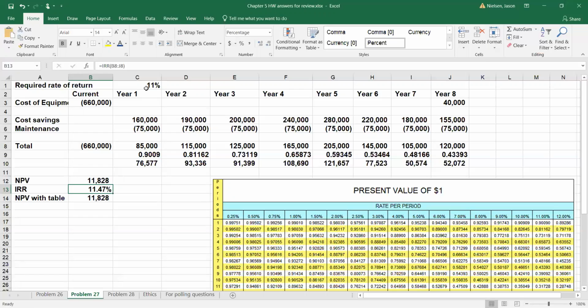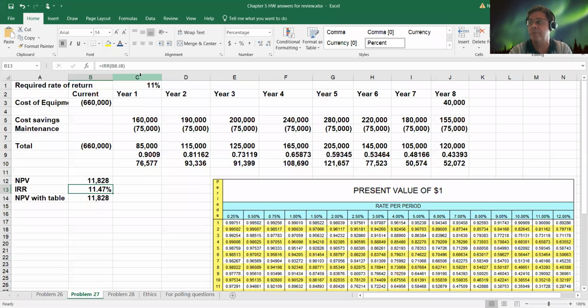Go ahead, Pam. Try the IRR and take the percentage out. This is the formula. I do not think the percentage affects the answer. It doesn't. You're right. For the IRR, I only got 11% instead of 11.47. Did you move it?